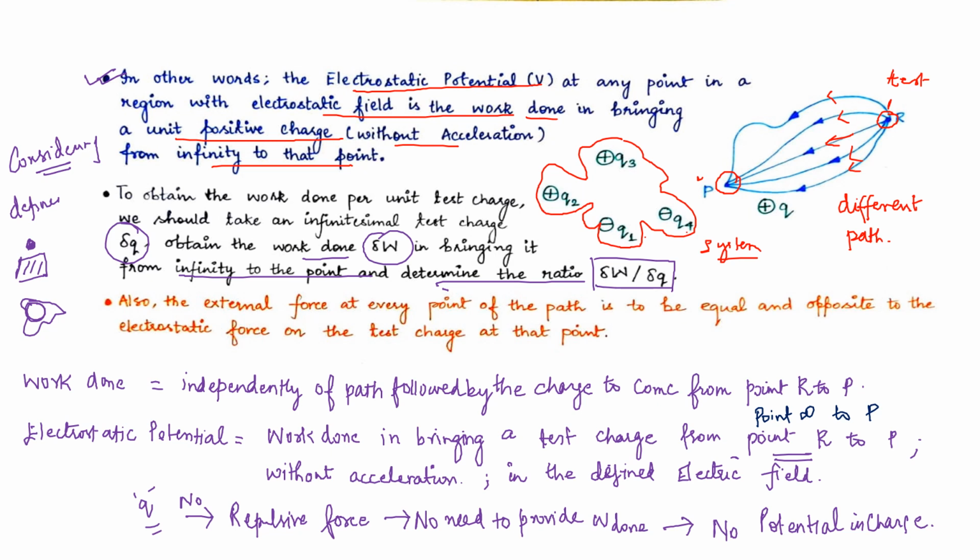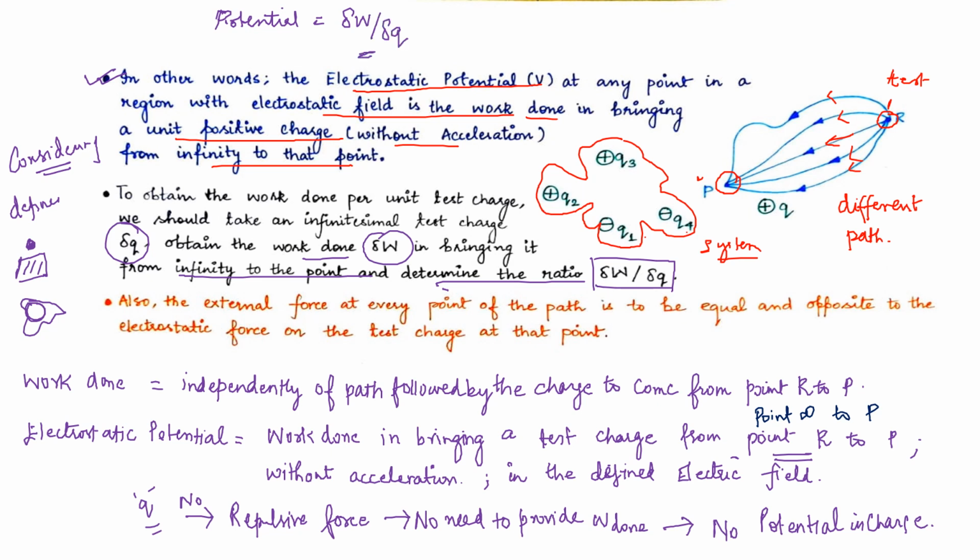So here we took an infinitesimal test charge delta Q, and for that we obtained an infinitesimally small work done, delta W. What we have read is that work divided by the charge will give us the potential. Similarly, the potential over here is defined as potential equals small work done divided by small charge.